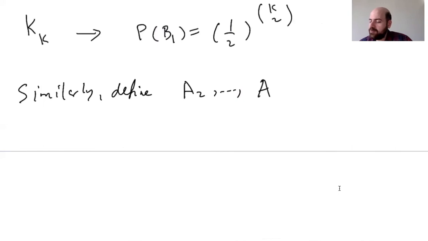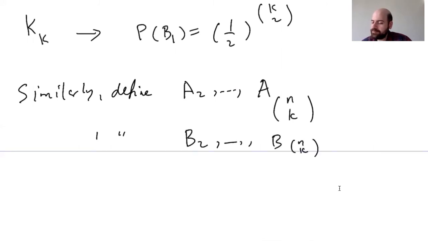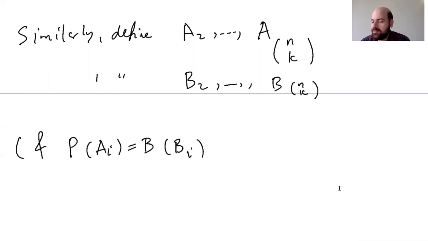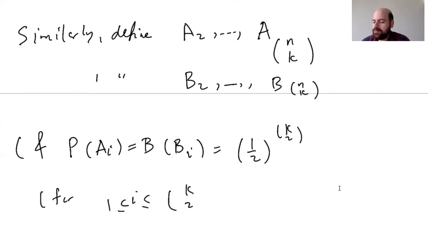So A2 all the way to A sub n choose k, and define B2 all the way to B sub n choose k. And again, they have the same probabilities: P of Ai and P of Bi equal, again, 1/2 to the power k choose 2, for i between 1 and n choose k.